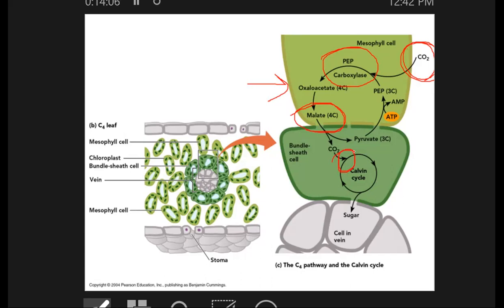So you see here, the way the artist has drawn it, Calvin cycle is showing up in the bundle sheath. Do you see the Calvin cycle in the mesophyll? No, spatial separation. So the plant is essentially hiding rubisco away from oxygen because what tends to happen in the mesophyll cell, the light reactions are going on in the mesophyll cell.